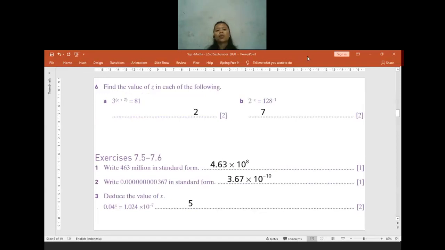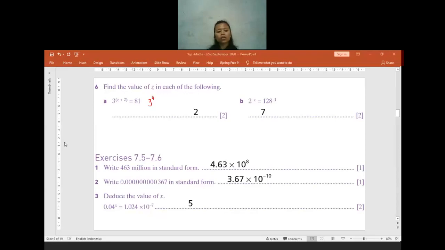For question 6, we have to change all the numbers into the same base. So like 81 in here, you can change it into 3 to the power of 4. If you get confused about how I get 3 to the power of 4, use the factor 3. So now we already have two indices with the same base.